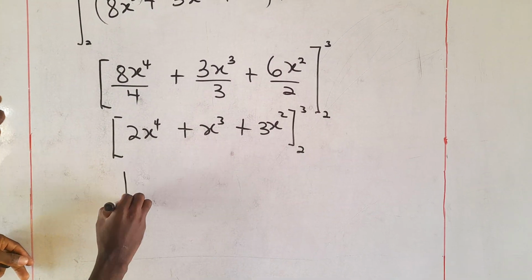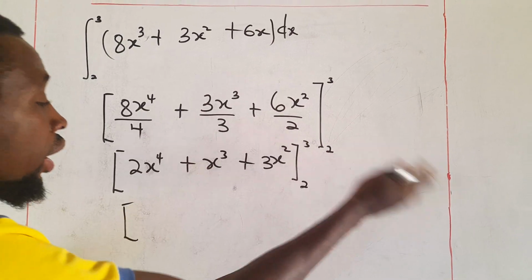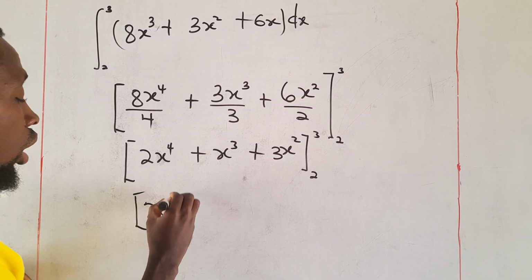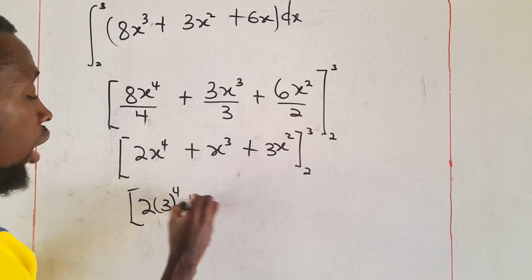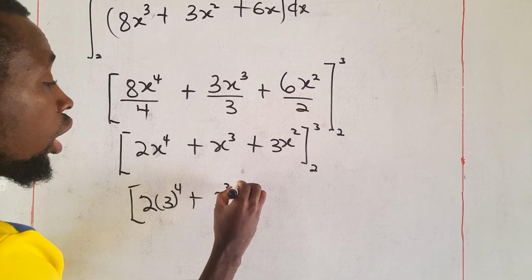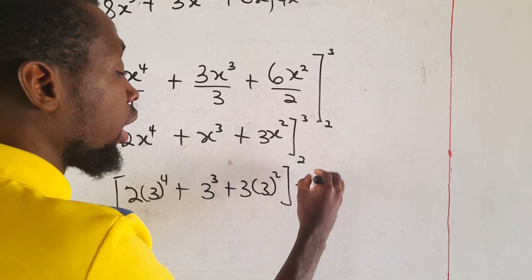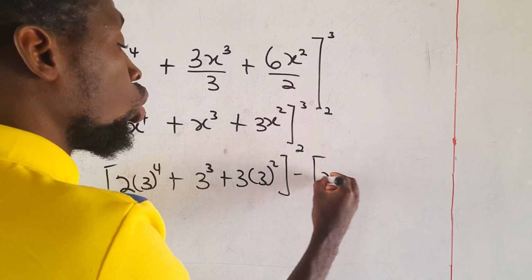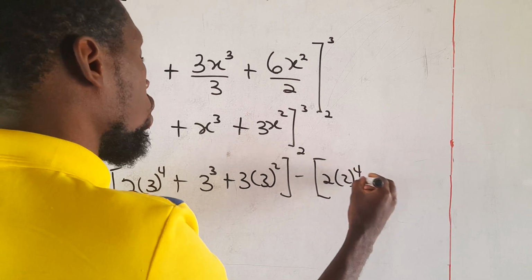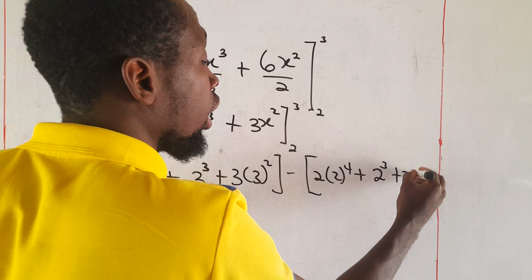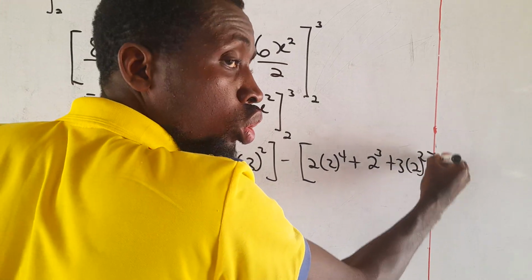Now what do we do? We substitute the 3 minus substitute the 2, which you are aware of. 2 bracket 3 exponent 4 plus 3 exponent 3 plus 3 times 3 squared. Then minus 2 bracket 2 exponent 4 plus 2 exponent 3, then plus 3 times 2 exponent 2.